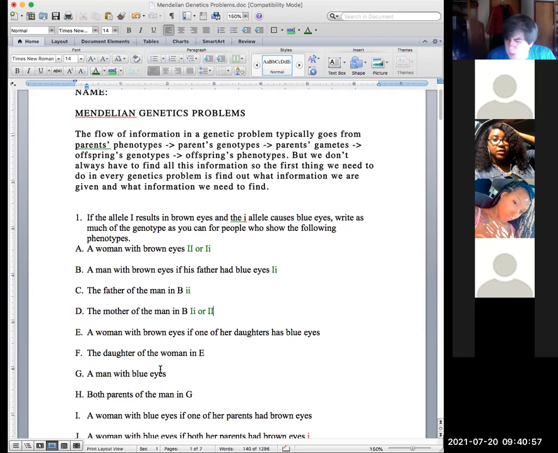A woman with brown eyes, if one of her daughters has blue eyes. Can anybody tell me what this woman's genotype would have to be if she has brown eyes, but she has a daughter with blue eyes?